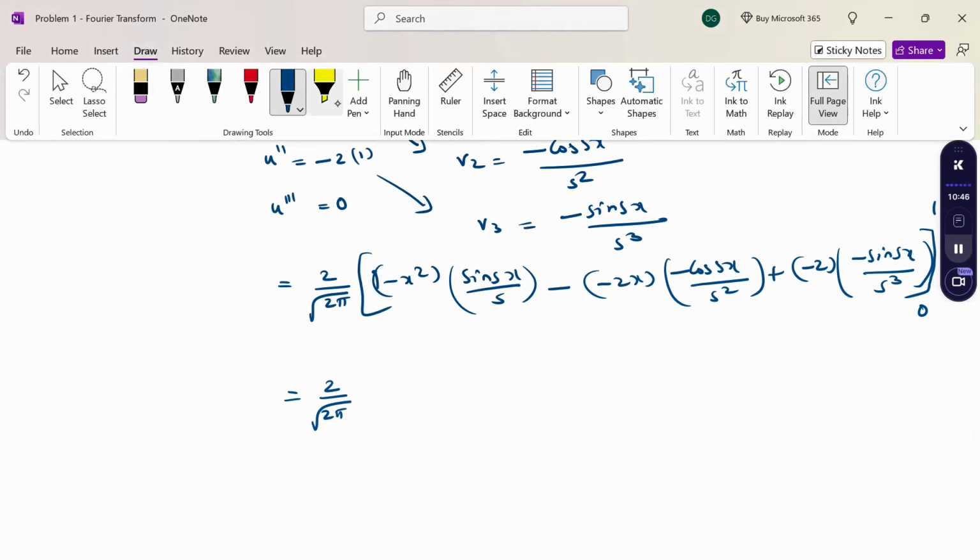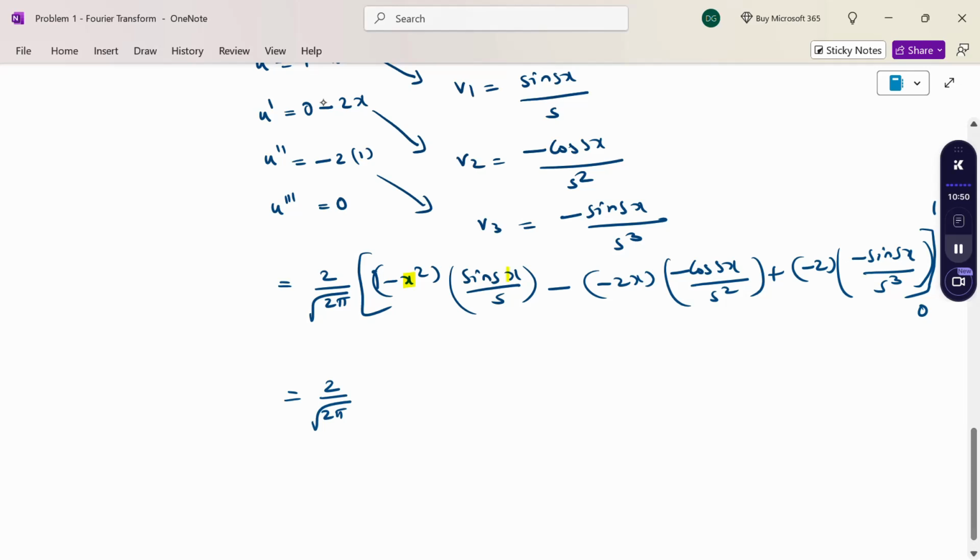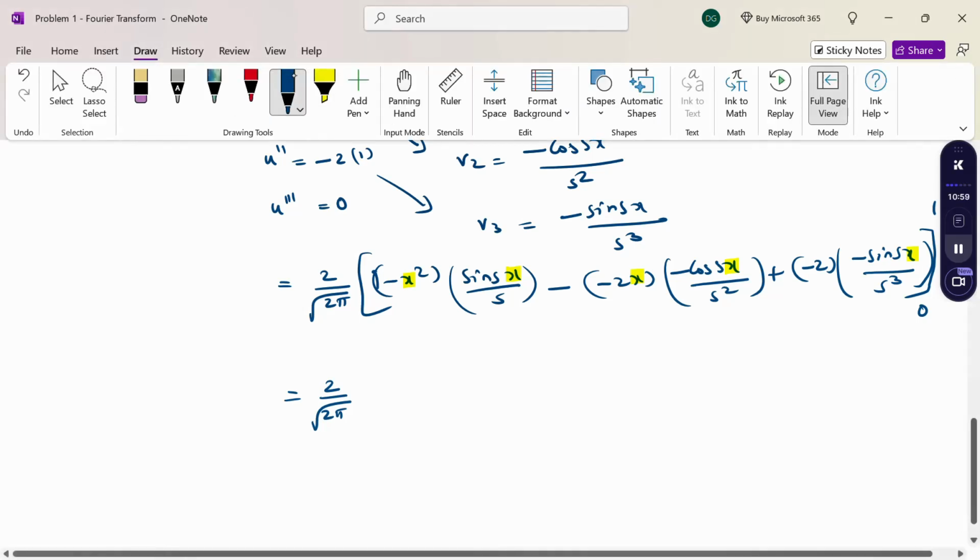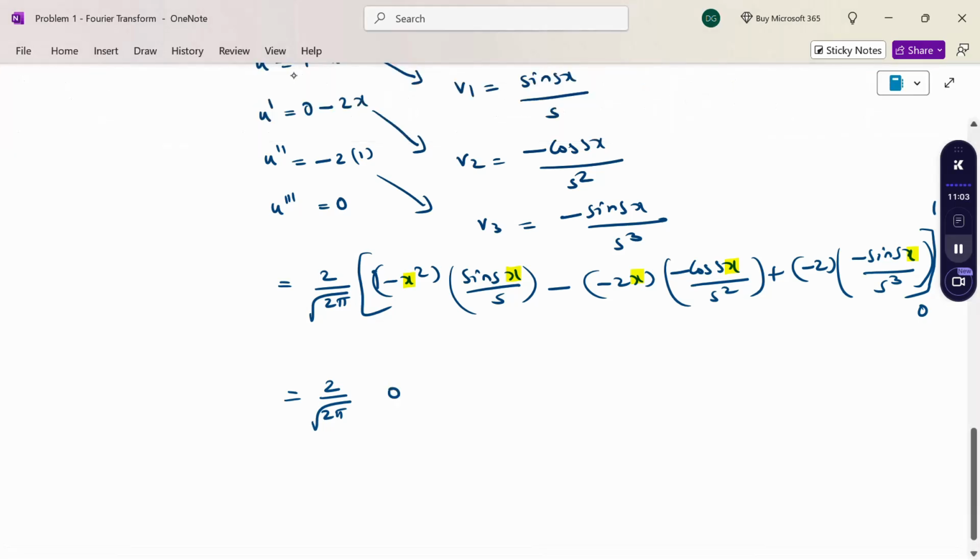Where to substitute the upper limit? In these places I'm going to substitute the upper limit, where x is, and again the lower limit. So upper limit to substitute 1. First, when I substitute, 1 minus 1 is 0, then minus of minus is plus, plus of minus is minus, then 2 cos s by s square, then the other term plus 2 sin s by s cube.